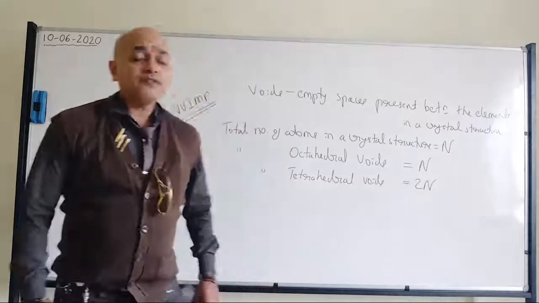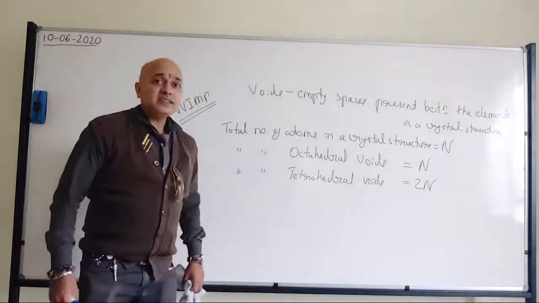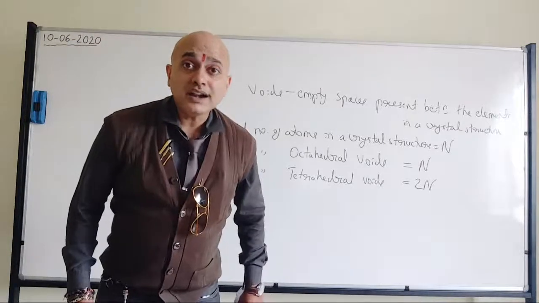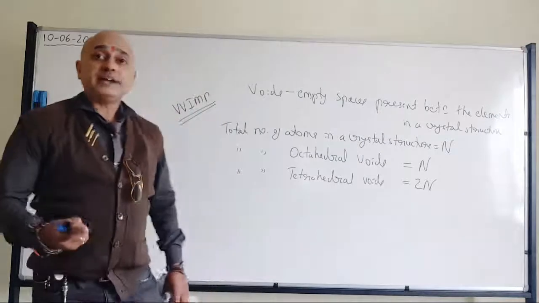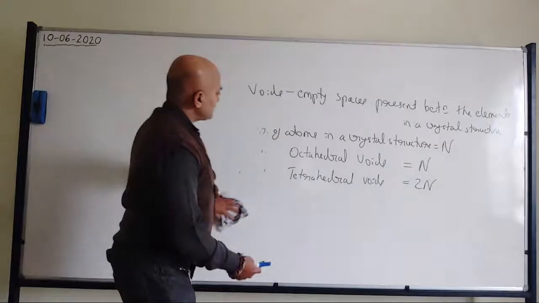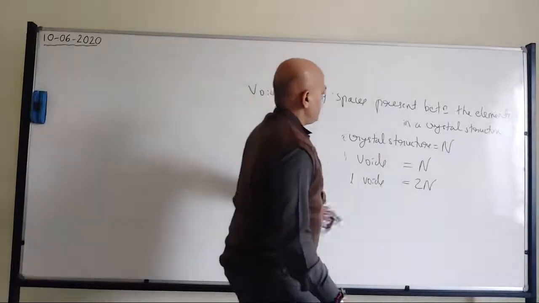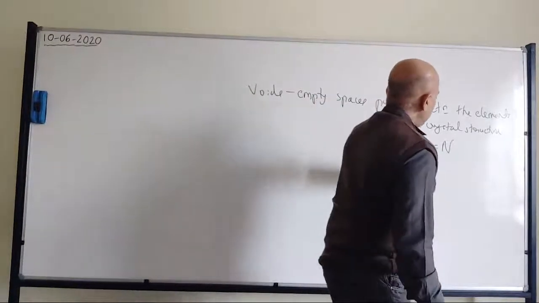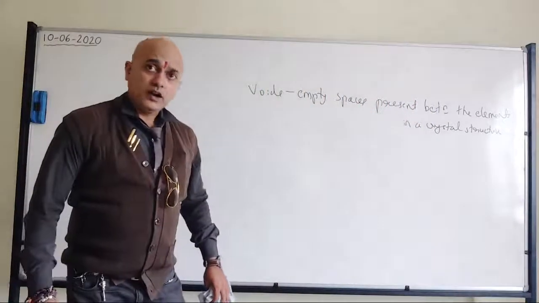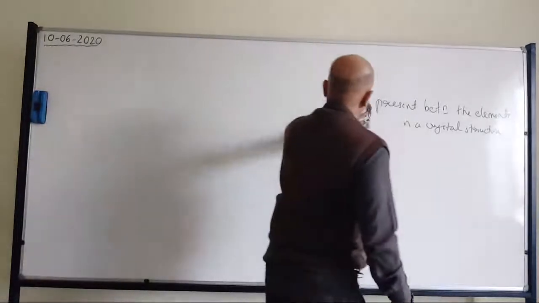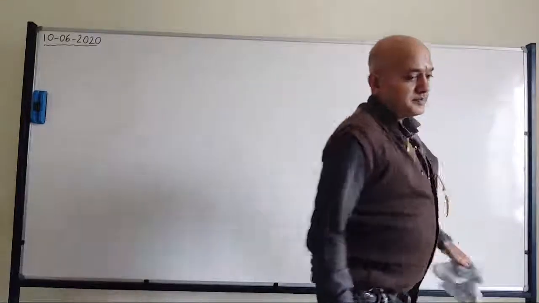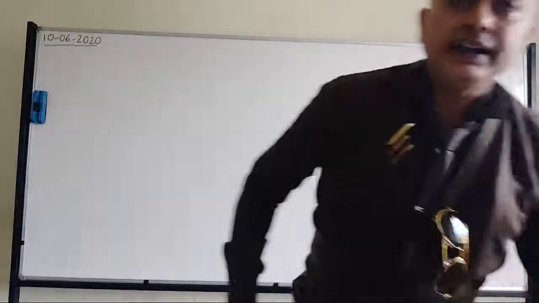Then the number of octahedral voids will be equal to n. But the number of tetrahedral voids will be equal to 2n. That is because of the difference in their size. So that's what we can see, the relation between the number of atoms and the number of voids in a crystal structure. All of you have understood? Any doubts?